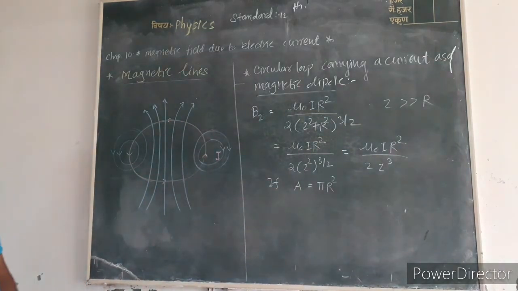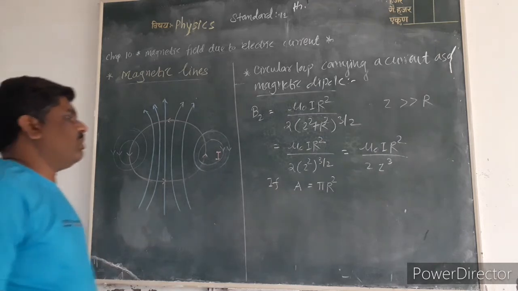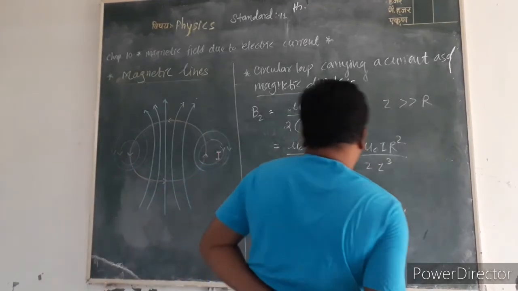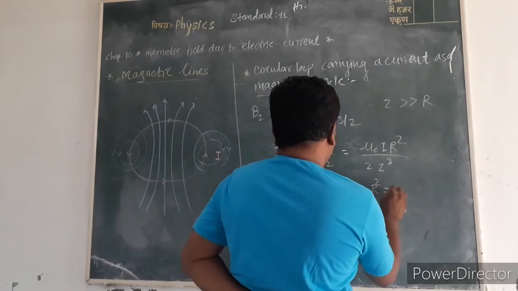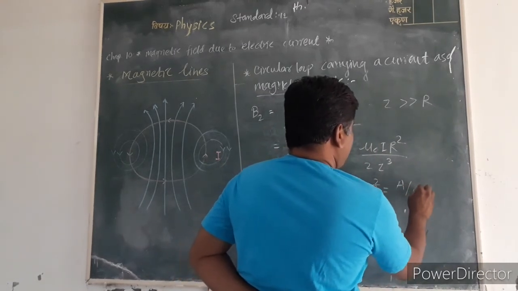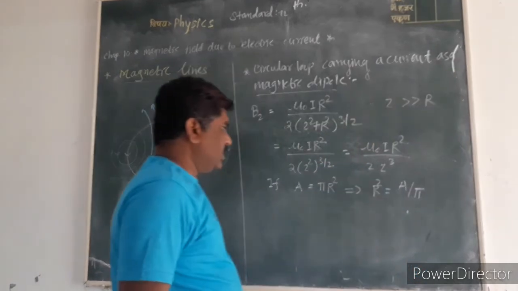Then we put the value instead of r square. Therefore, r square is equal to A upon pi.